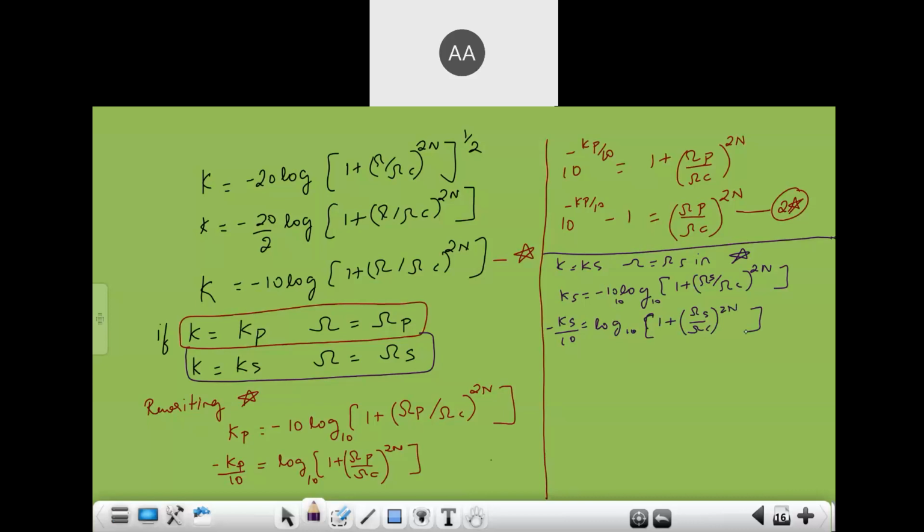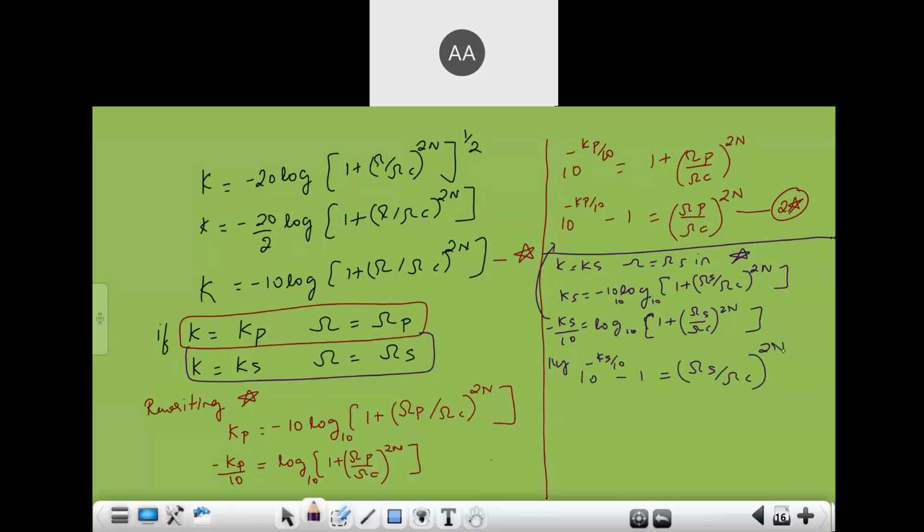This is the expression I get. If you simplify it, similarly you will get 10 power minus Ks by 10 minus 1 is equal to omega S by omega C, whole thing to the power 2n.